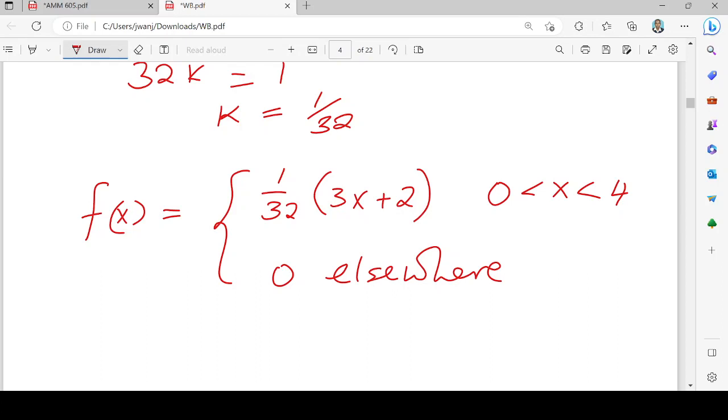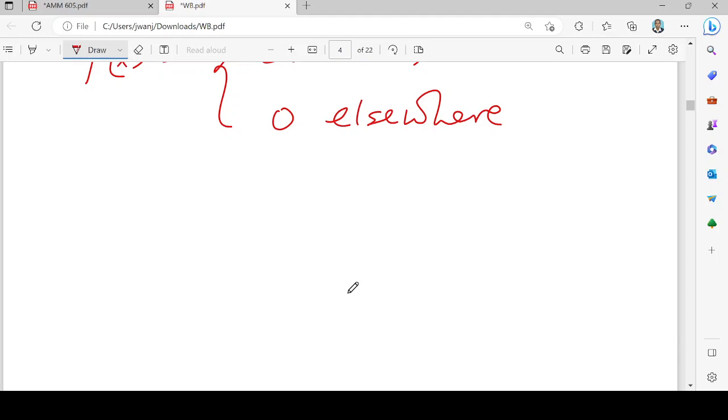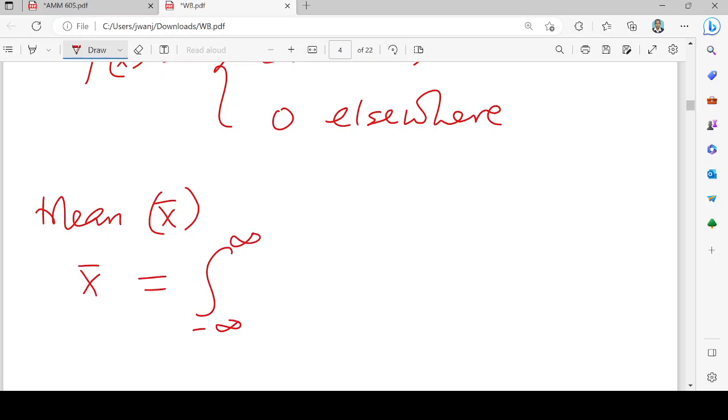Now, next we want to find the mean, x bar. So x bar is defined as the integral from negative infinity to positive infinity of x times f of x dx.